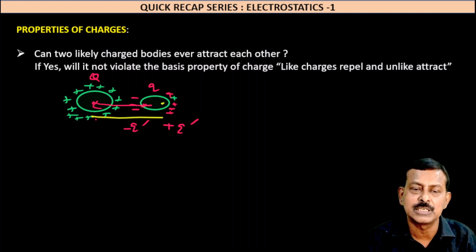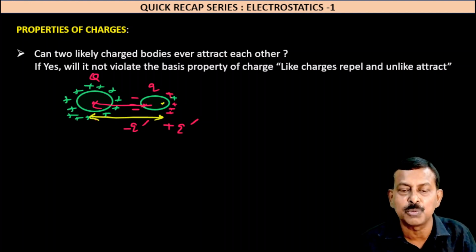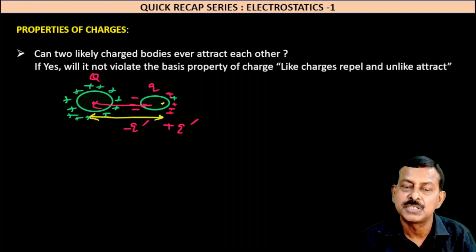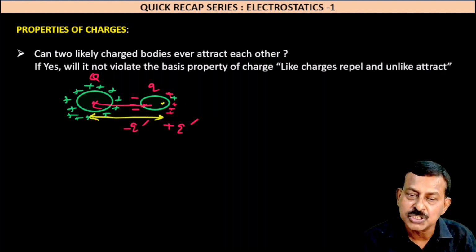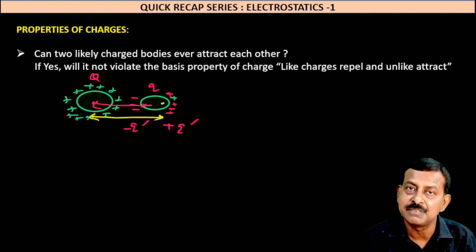So this is the distance between the center of the charge on the first body and the center of the positive induced charge on the second body. And this is the distance between the first body and the center of the negative induced charge.